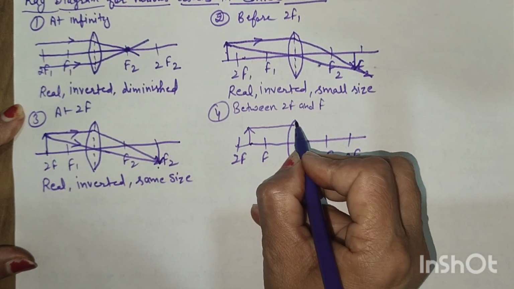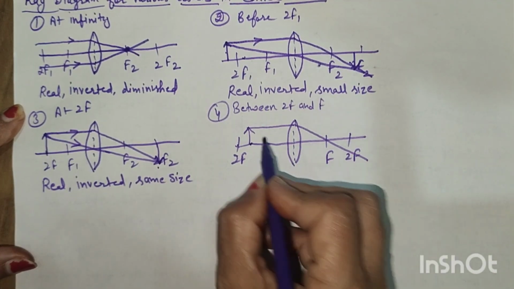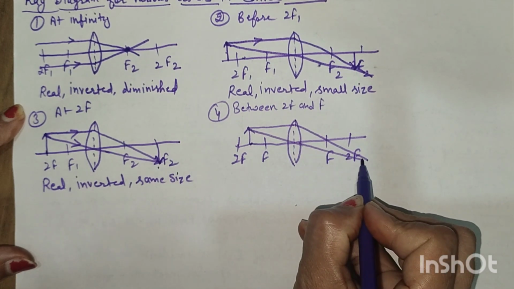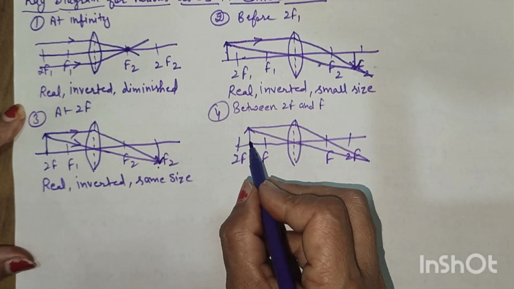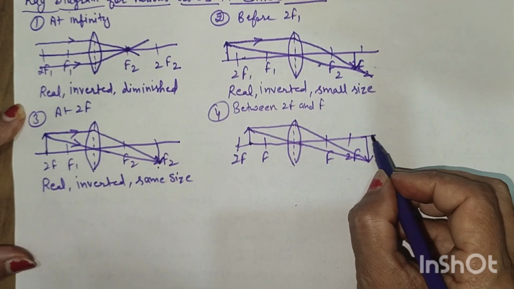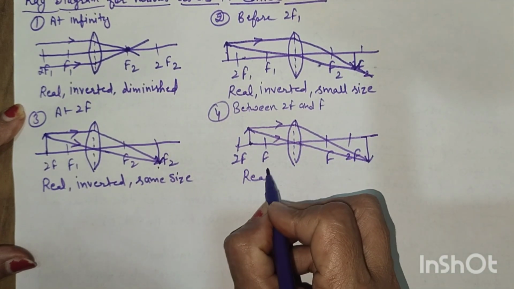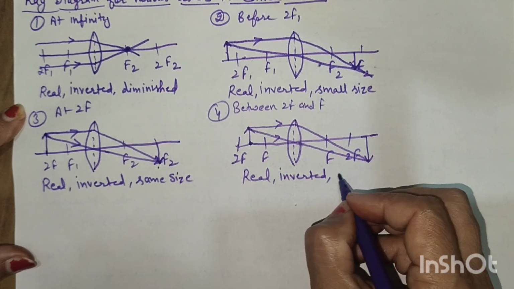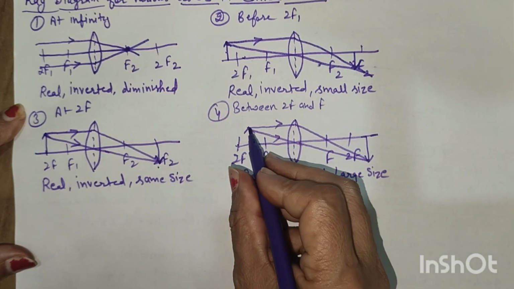The first ray goes parallel to the principal axis, then passes through the focus, then passes through the optical center, and if the object is between 2F and F, then the image will be formed after the 2F. The image is real, inverted and large in size.